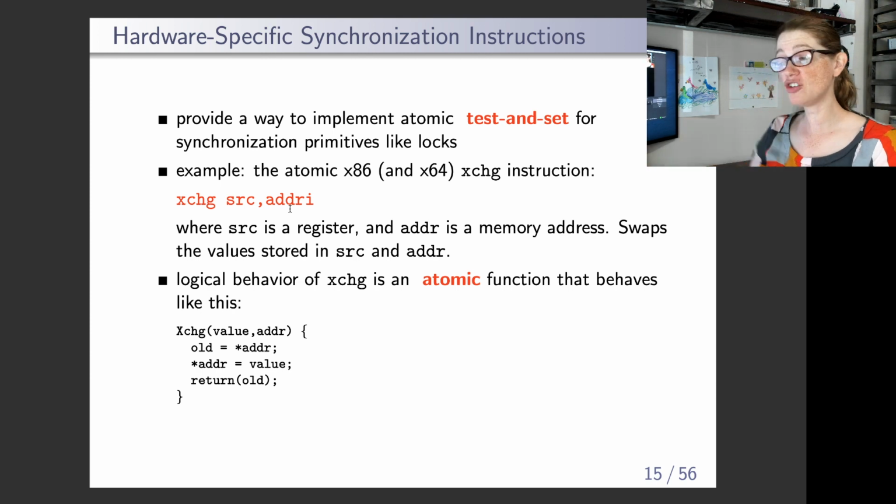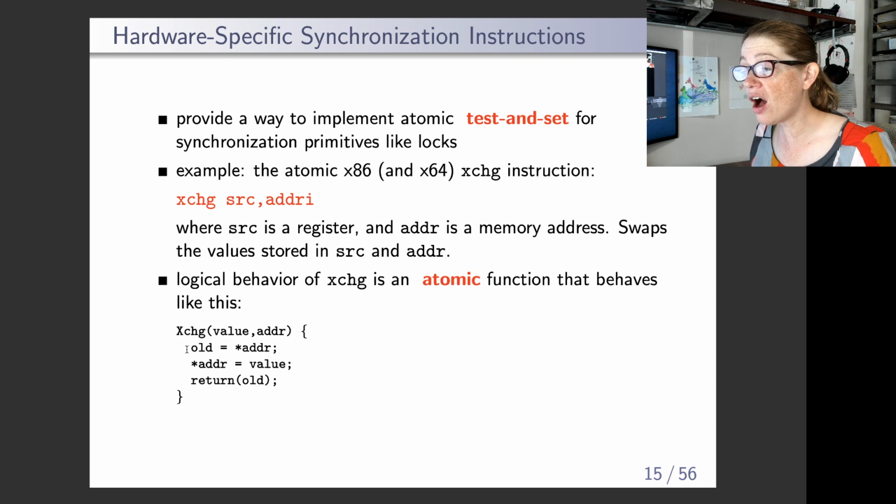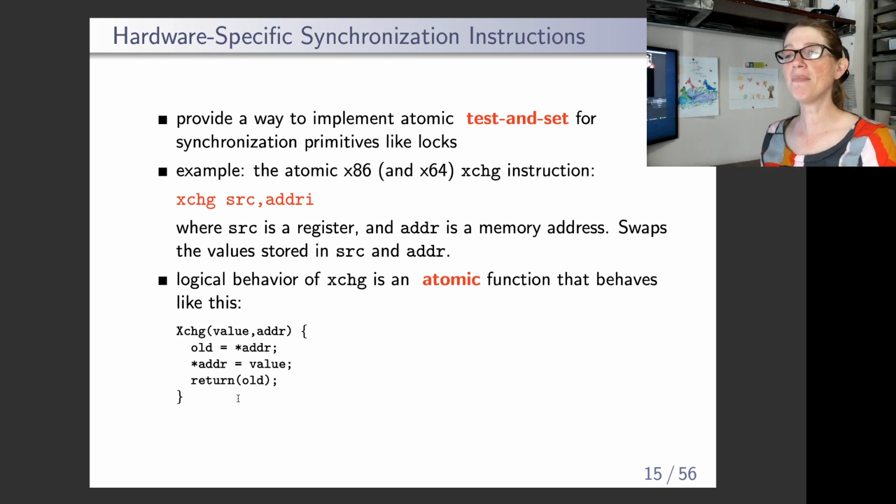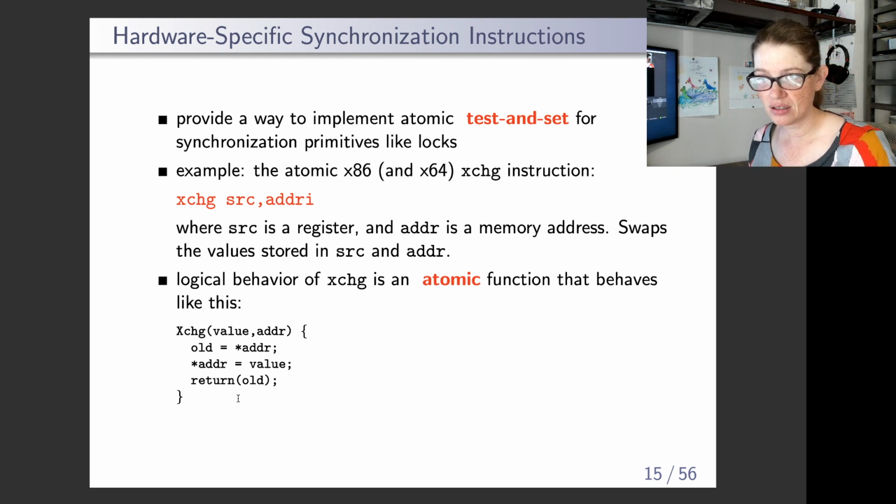Now, if we were to look at the logic of exchange, we are getting the old value at an address, setting the value at the address to be something new, and then returning the old one. It's a swap. Except this swap is atomic. So this is the logic of the exchange instruction. But here's the difference. If this was C code, we could be interrupted anywhere here. But because this is an atomic assembly instruction, it cannot be interrupted.